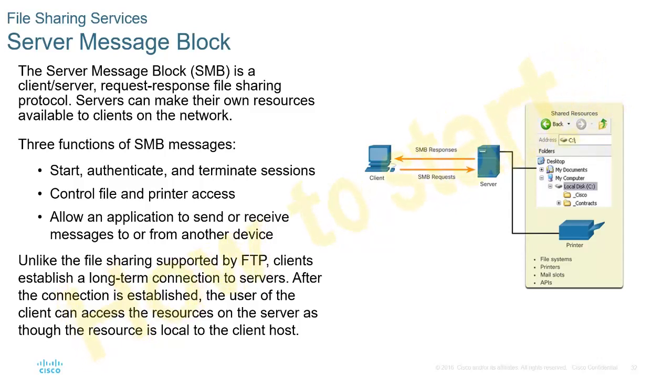The three main functions of SMB: start, authenticate, and terminate sessions; control file and object resource access; and allow applications to send or receive messages to or from other devices. FTP doesn't quite reach this level of sophistication.